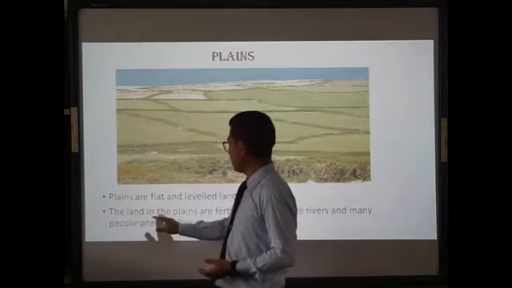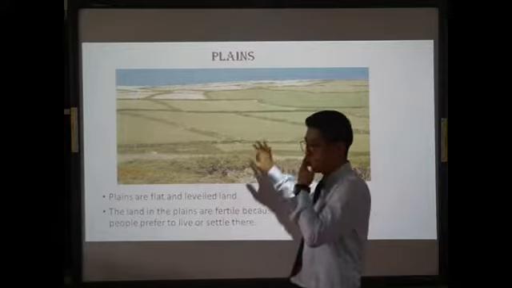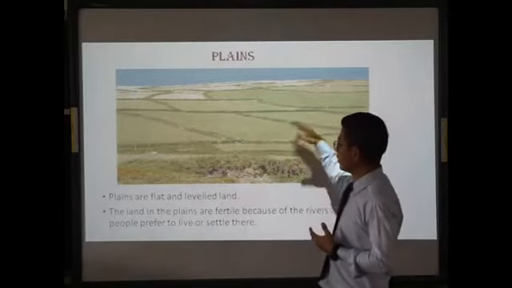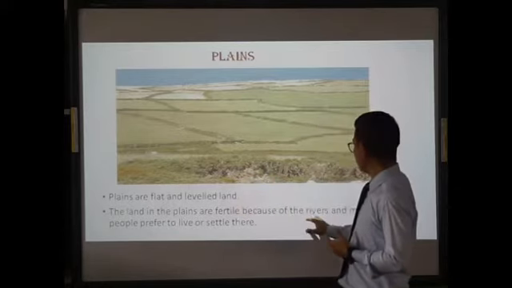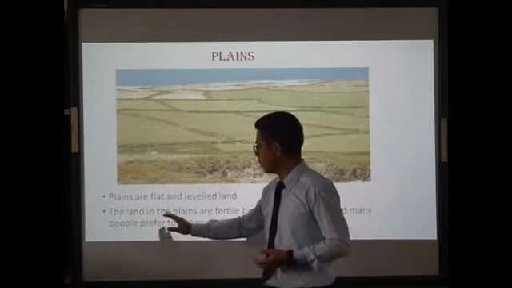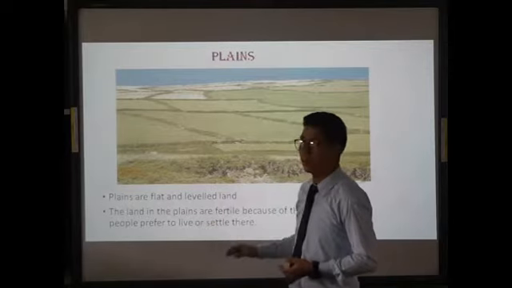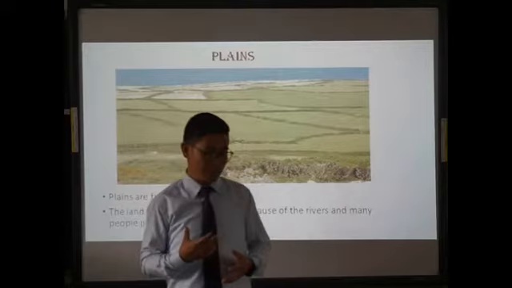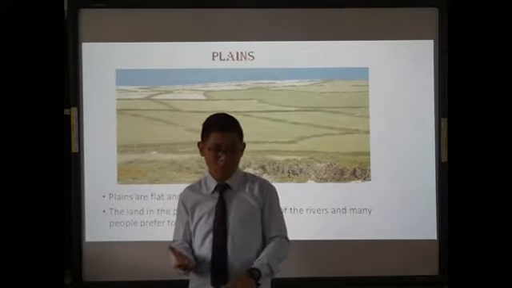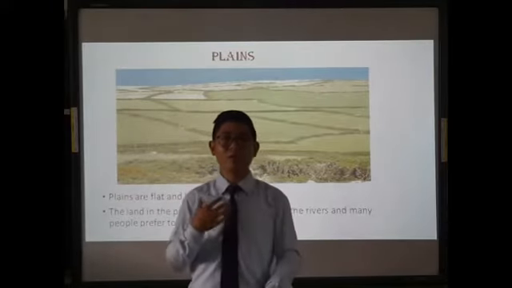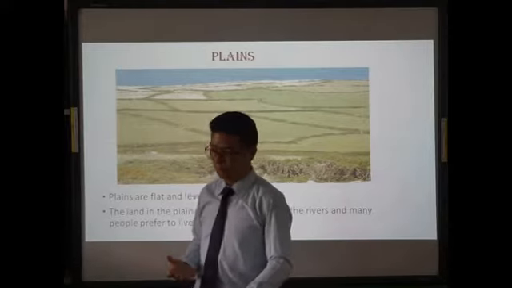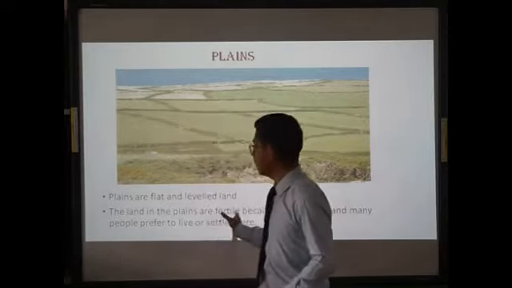Next, the land in the plains is fertile because it is near rivers, and many people prefer to settle there. Most people prefer to live in plains so that they can produce more crops, because the soil is very fertile in plains.